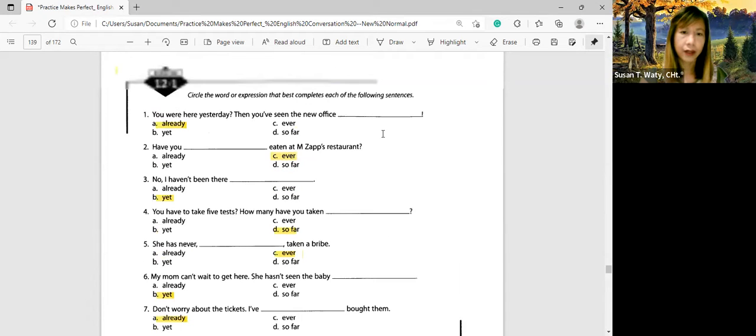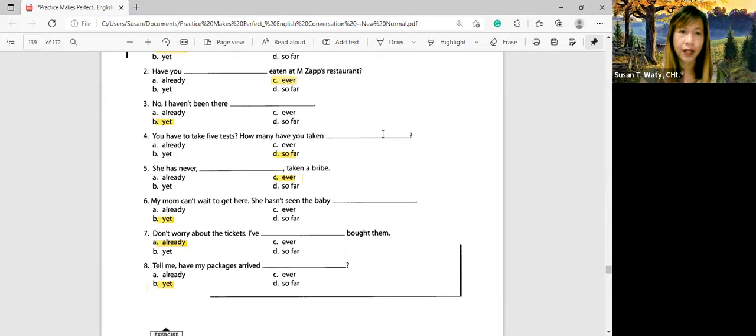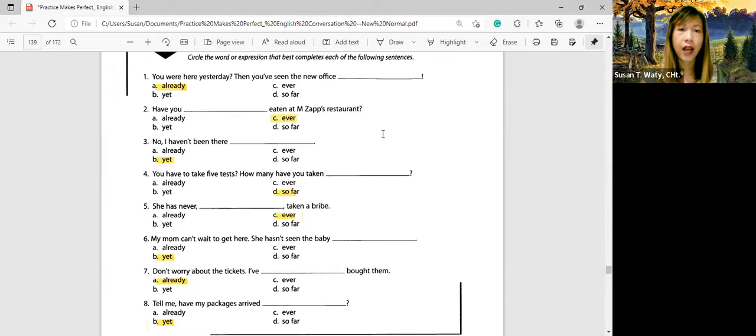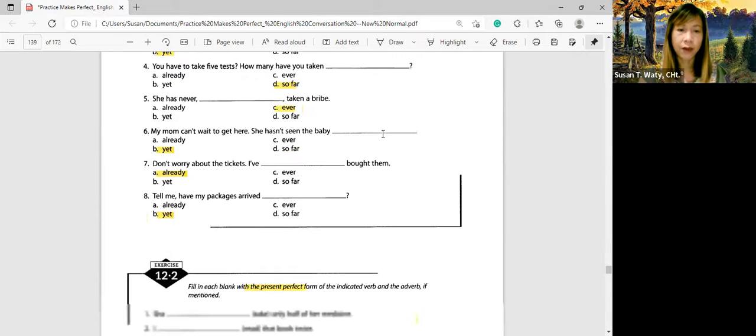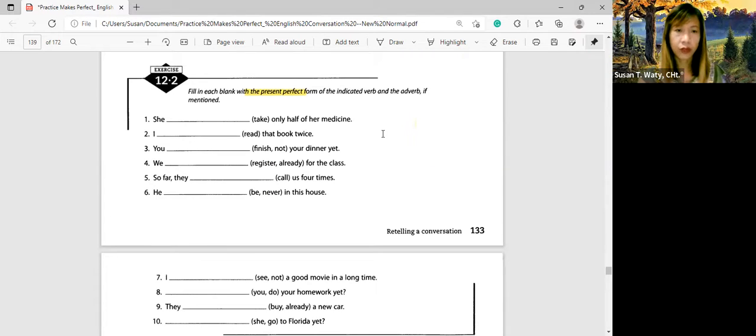And hopefully you guys still remember and understand how we use all those words: already, ever, so far, yet. Hopefully you remember. We're going to have more exercises about that later on to refresh it. Maybe we're going to see those words again. Now we continue with exercise 11.2.